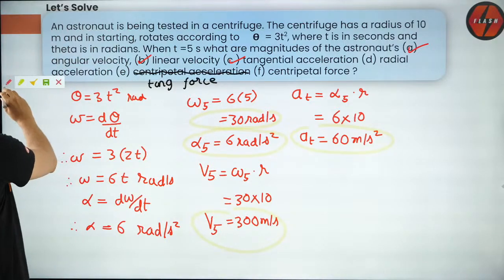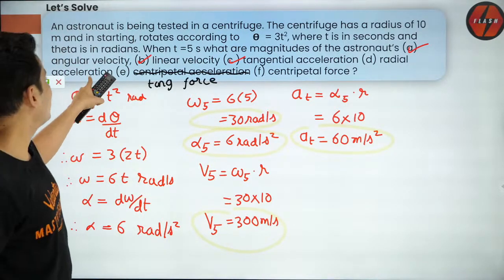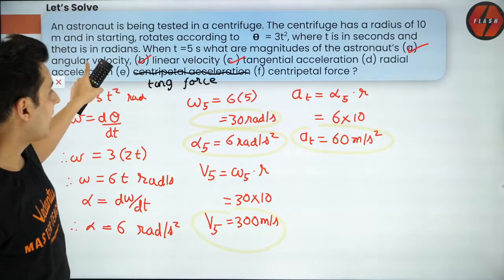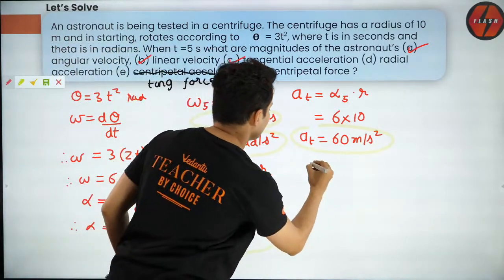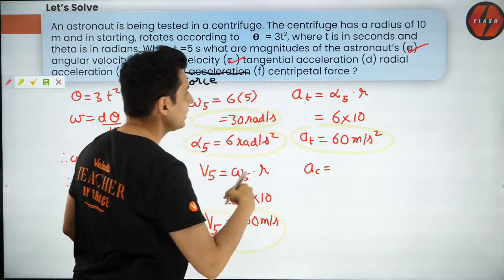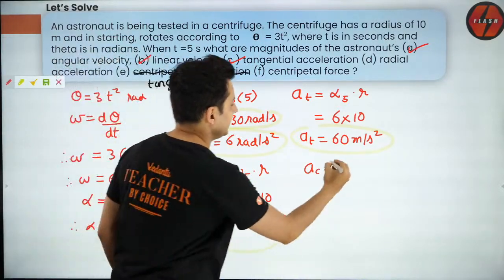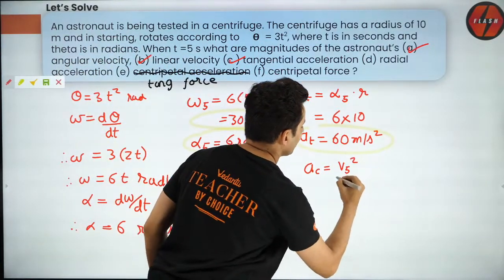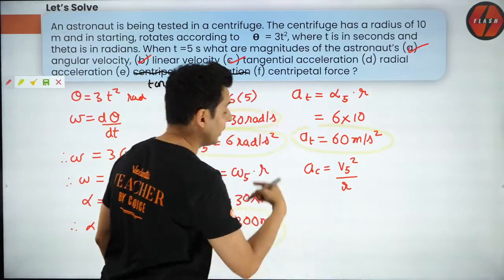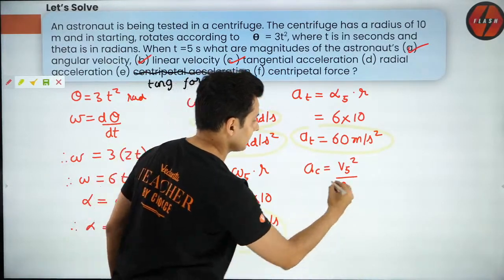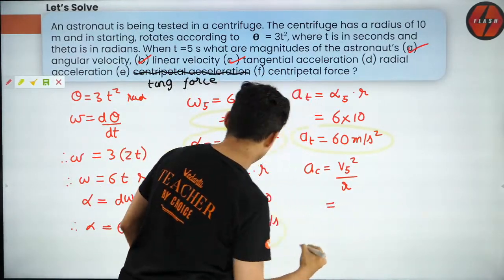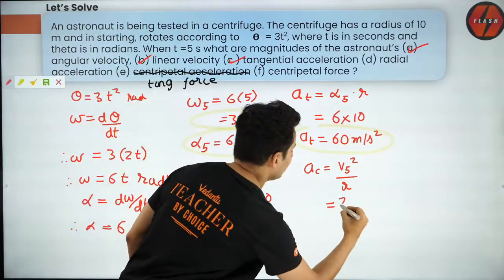Okay. Now, we have to find centripetal acceleration as well. So let's figure that out. Centripetal acceleration is the velocity at that point squared divided by the radius. So what is the velocity at that point? I just figured it out. It was 300.